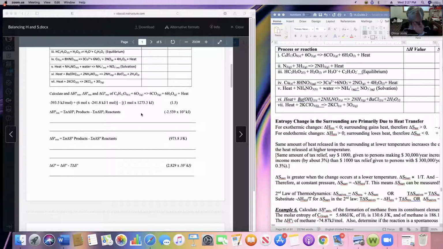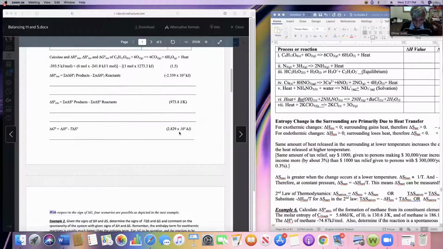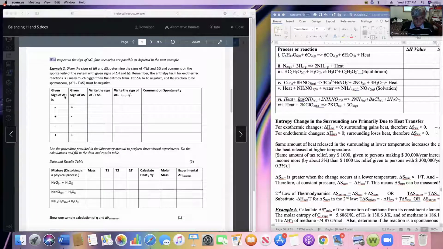Now, how is this delta G connected with delta H and delta S? We are going to go back to it again. When we talk about delta H and delta S, we know that there are 4 possible combinations: negative delta H with positive delta S, positive delta H with negative delta S, negative delta H with negative delta S, and positive delta H with positive delta S. Those are the 4 possibilities, sign wise.